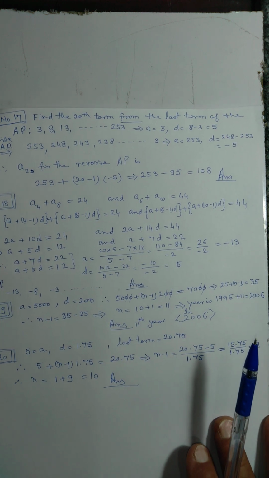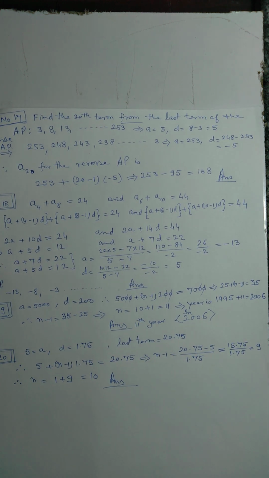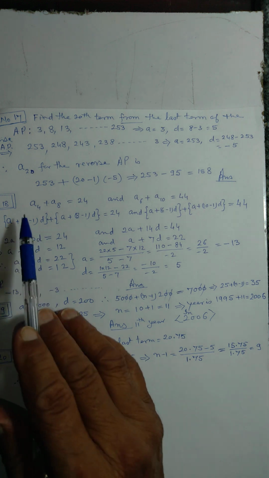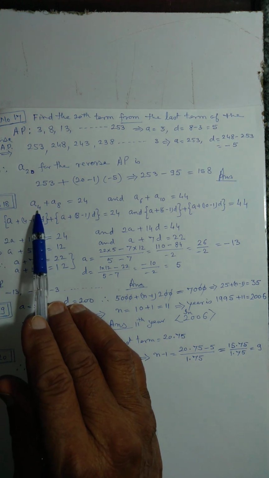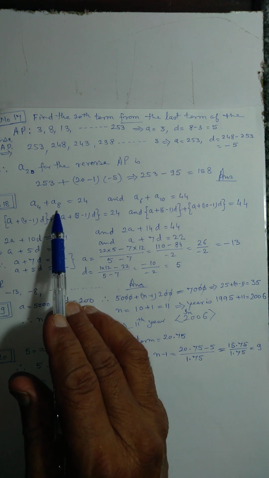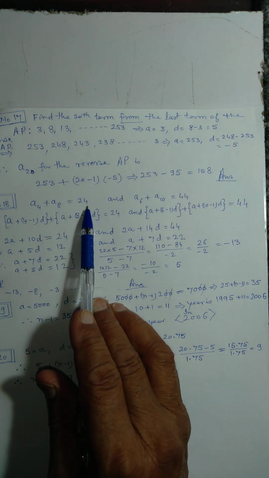Now come to question number 18. The sum of the 4th and the 8th term of an AP is 24, and the sum of the 6th and the 10th term is 44. Find the first 3 terms of the AP. You see, according to the question, it is given that a4, the 4th term, plus a8, the 8th term, is equal to 24.